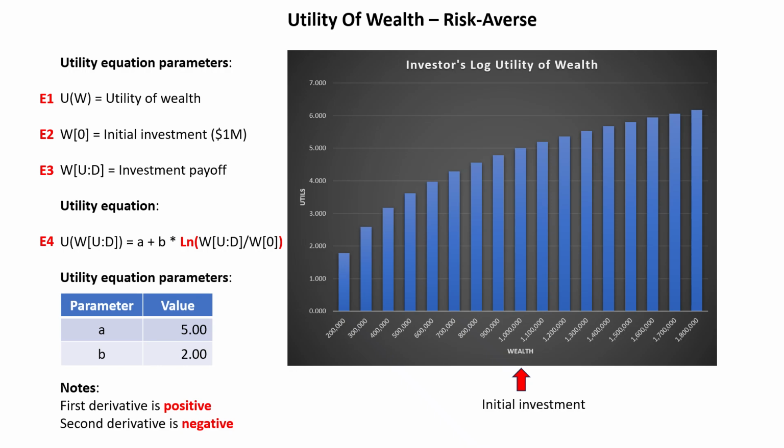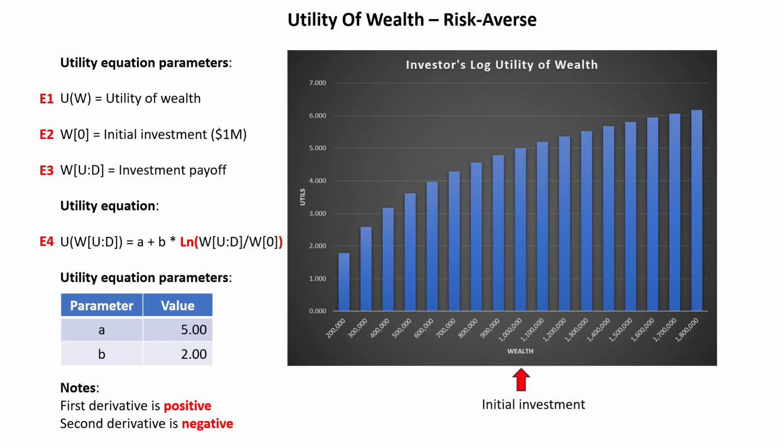So what we want to do is take the equation E4 from the previous slide and make it nonlinear. So we take the natural log of the ratio of my ending wealth over my beginning wealth. Therefore, my equation E4 becomes: my utility of my ending wealth, or my wealth at the end of year one, is A plus B times the natural log of my ending wealth over my beginning wealth.